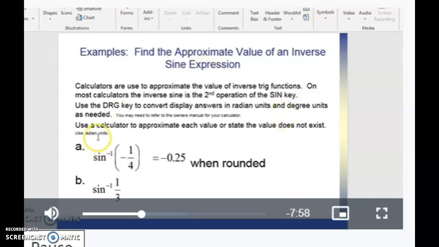Sometimes you'll be asked to write your answers in radians. That's popular in higher math courses. Sometimes you will be asked to write your answer in degrees. Make sure your calculator is in the right mode, be it radian or degrees. On most calculators, you may use the DRG key to convert your answers from radian, R stands for radian, to D, which stands for degrees, or vice versa.